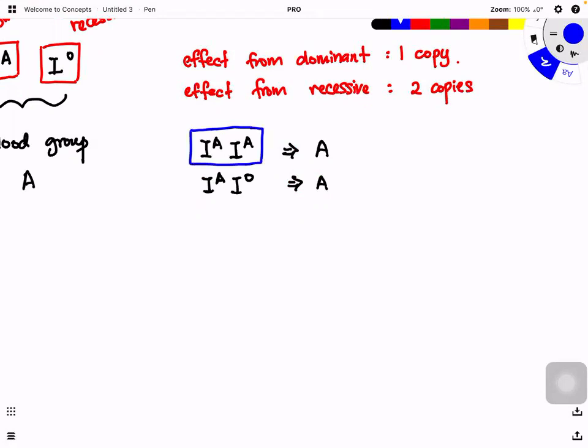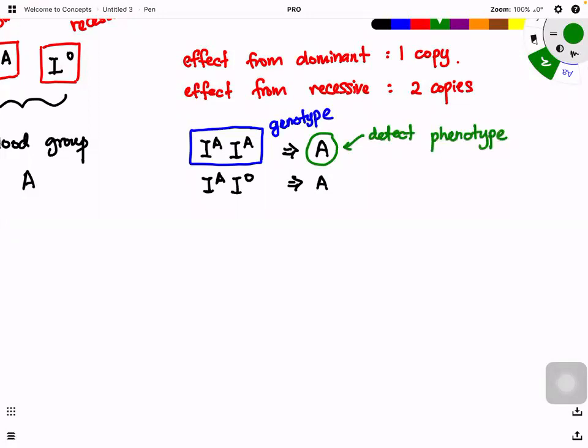Okay, so in this case, the combination of two alleles, we term it as a genotype. Genotype basically means the combination of two alleles. It can be the same allele, it can be different alleles. And what we are going to detect here, we call it the phenotype.